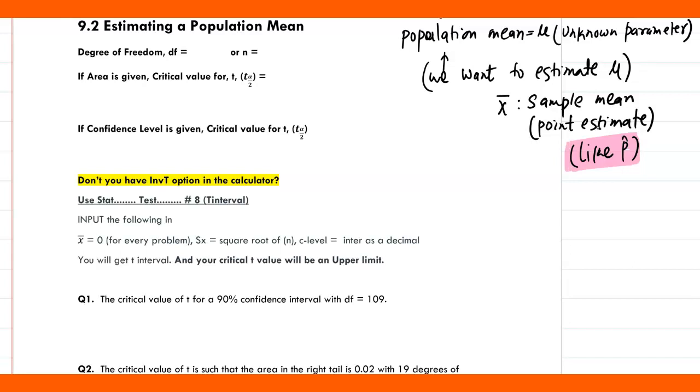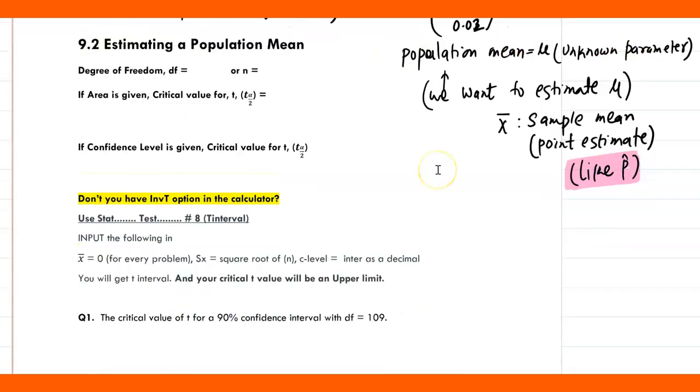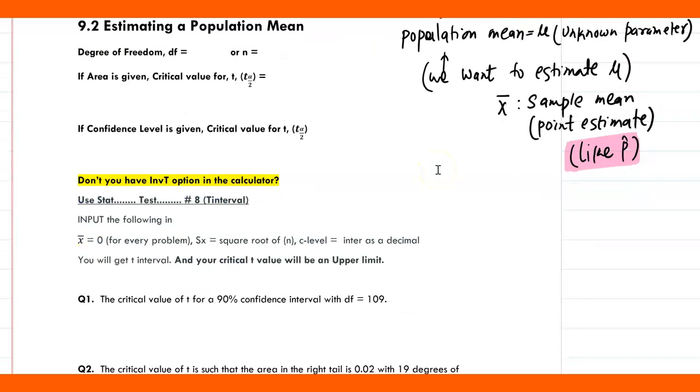Okay. All right. Now in this section we use a new terminology. It's called degree of freedom, short form DF. The calculator has an option DF for degree of freedom, and to find the degree of freedom you do n-1.